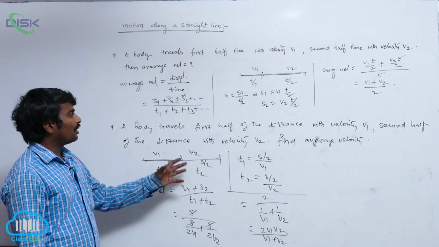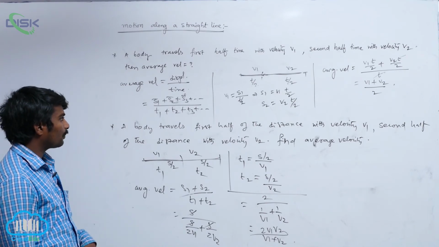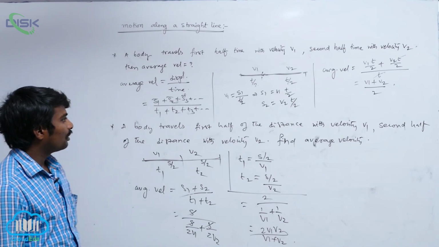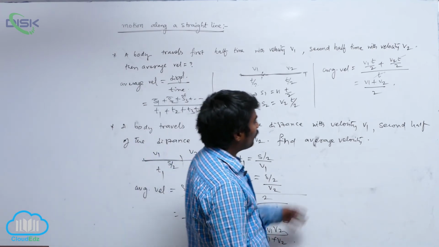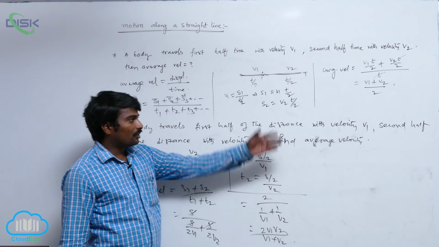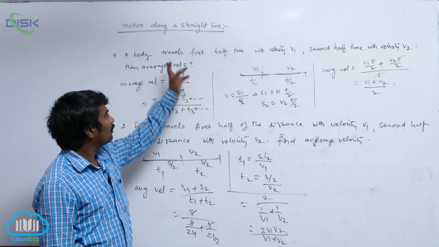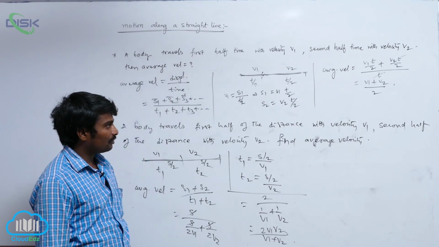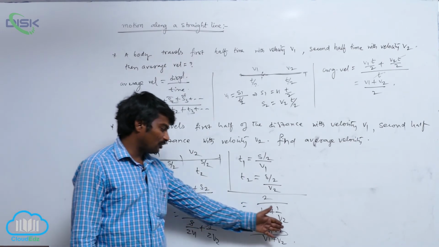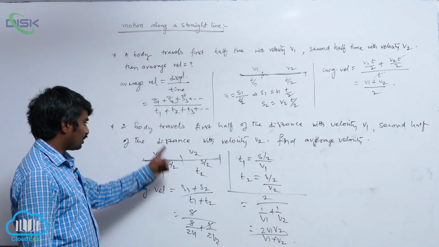So here I want to tell you one thing from these two examples: most of the students are habituated to remembering these formulas. Of course, the formula (v1 plus v2) by 2 is correct for average velocity under this situation, and 2 v1 v2 by (v1 plus v2) is correct for average velocity under this situation.